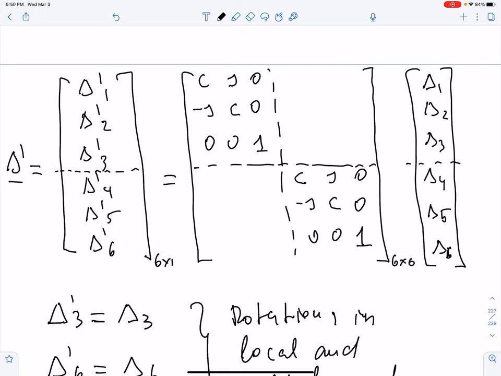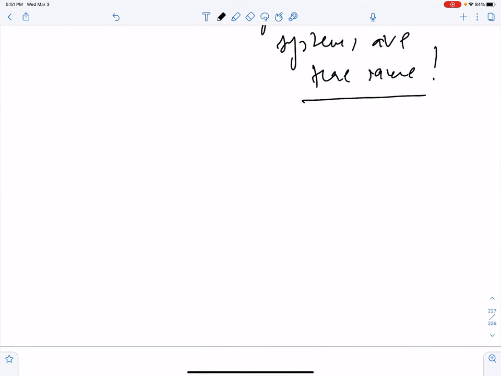Also, quantities at node I are related with each other. Quantities at node J are related with each other. There's no relationship between the quantities on nodes I and J. So I populate the rest of this matrix with zeros, just like we did for the truss.